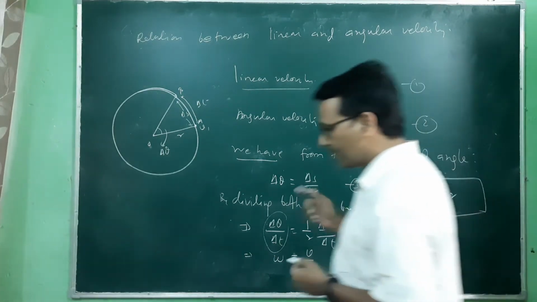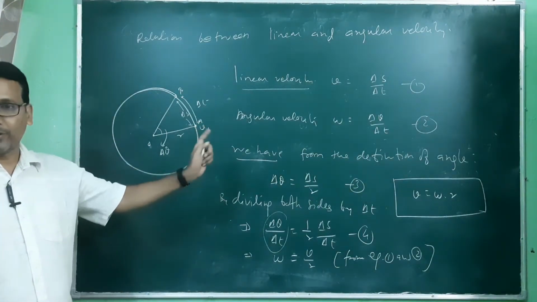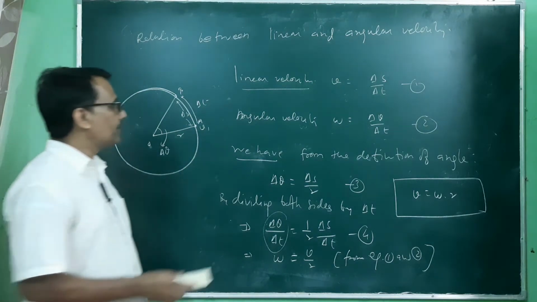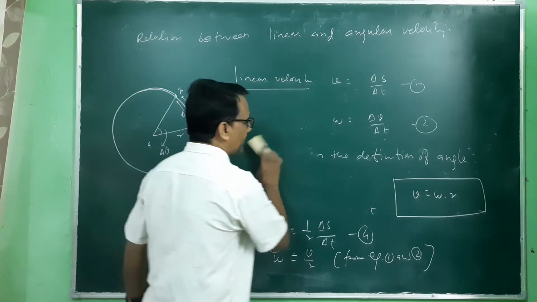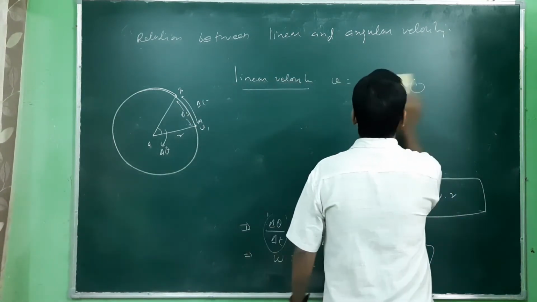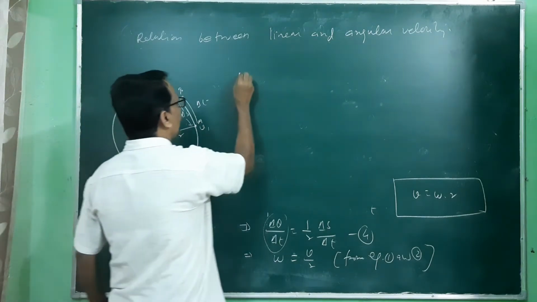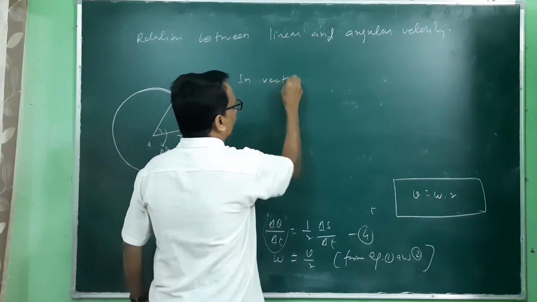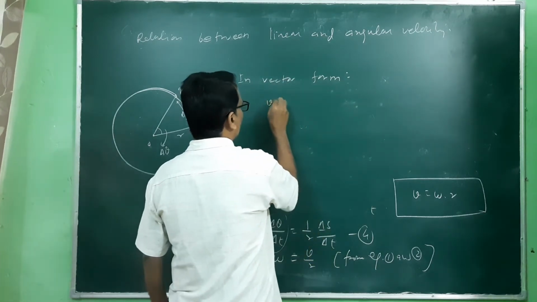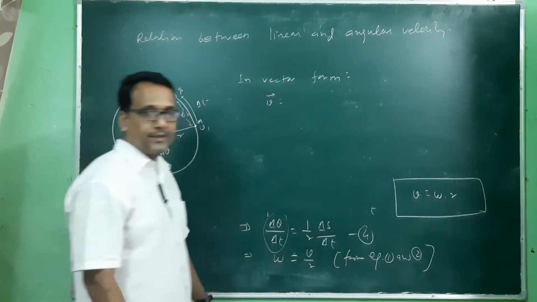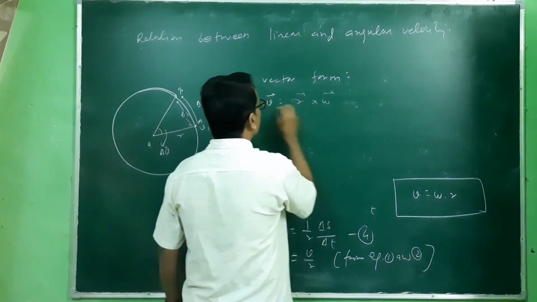Okay, in vector form, now we have not used any vector notation anywhere so far. So in vector form, one can write this relation as vector v is taken as equivalent to omega cross r.